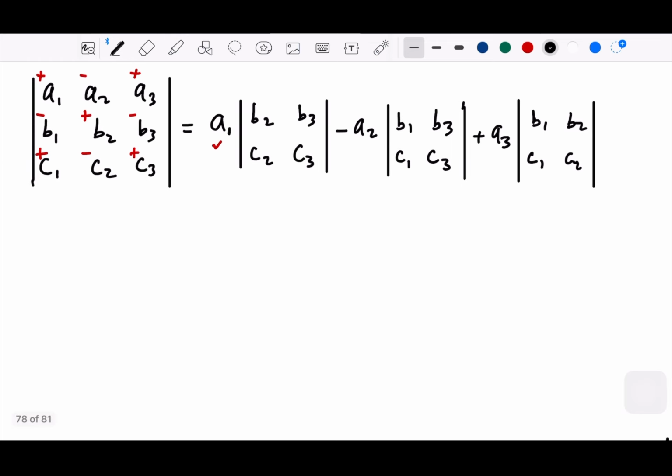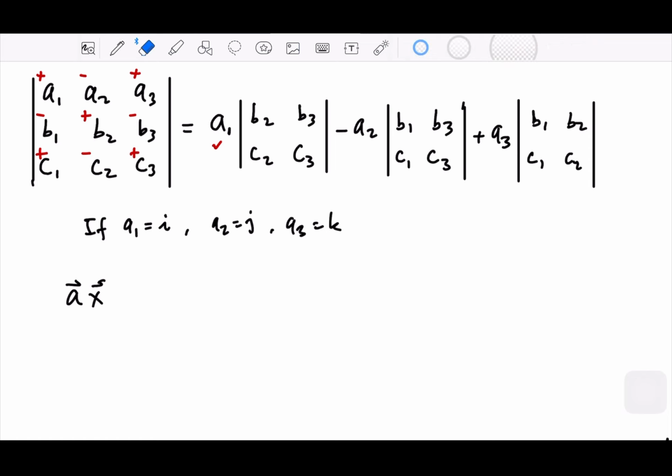And then this will result in, we could see the same result if A1 is I, A2 is J, and A3 is K. We are going to see that A cross B is going to be, let me write first the 3 by 3.